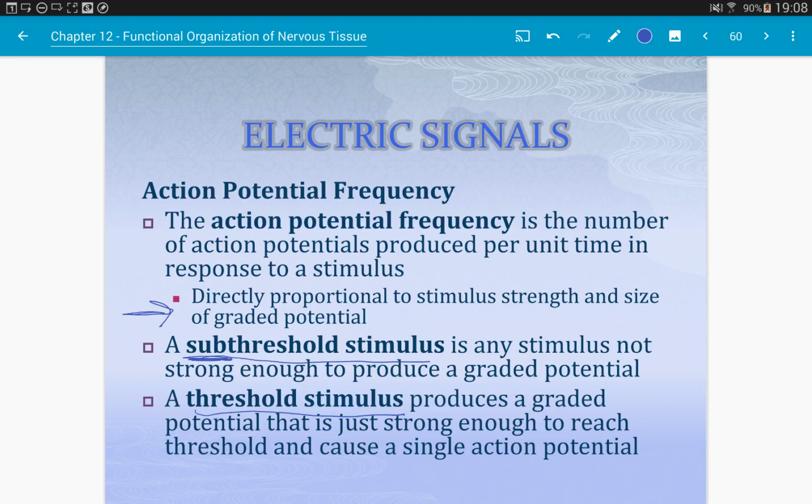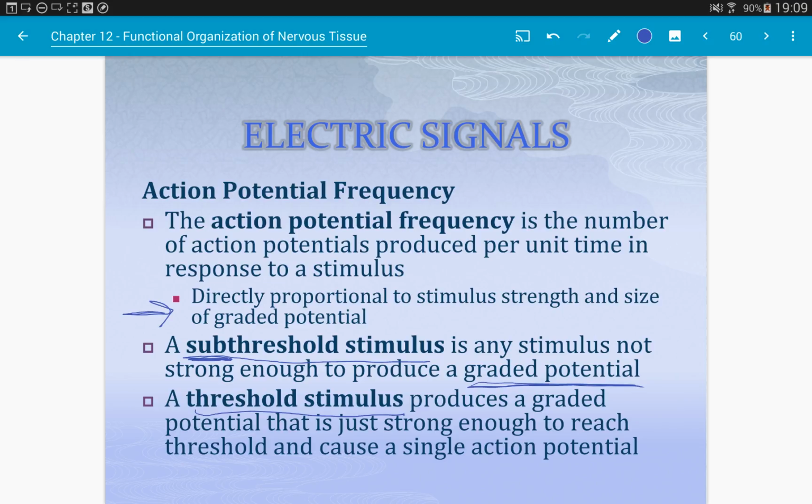What does that mean? Below the ground, right? So sub means below, or a sub-basement is one that's partially below the ground. So this is what that prefix is talking about. So this is a stimulus that is below or not strong enough to make a graded potential. Okay? It's below the required strength.